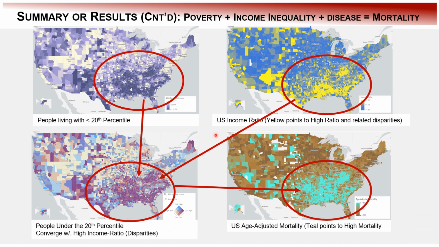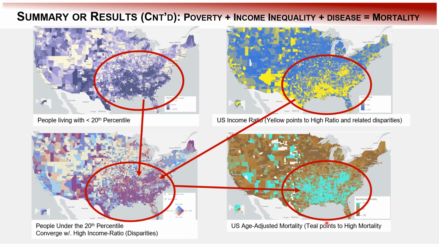Here, using ArcGIS, we find that on the upper left window, we plotted the areas where people live with less than the 20th percentile of income. As you can see, it points to a higher concentration in the southeastern part of the United States. The same was performed for income inequality, where the yellow area points to about the same southeastern area of the United States.